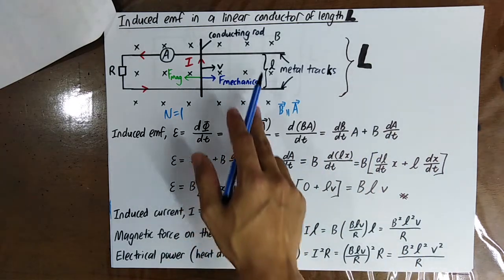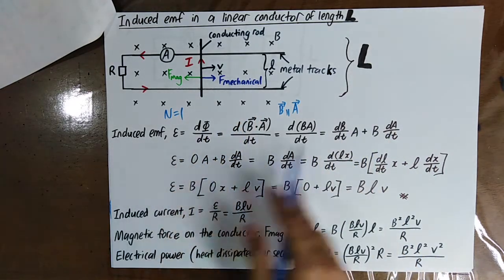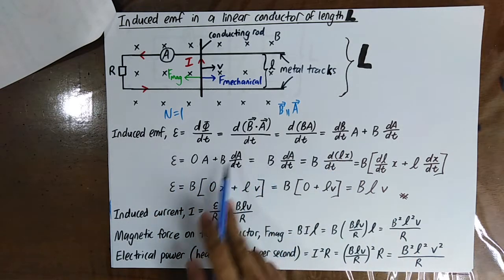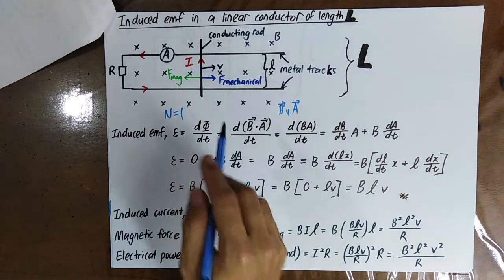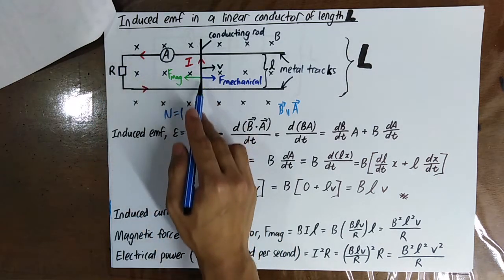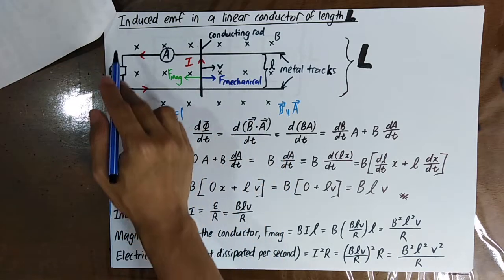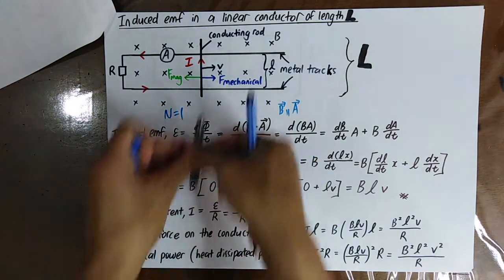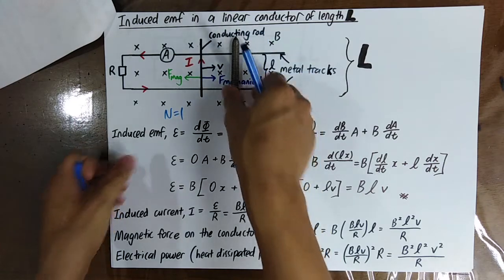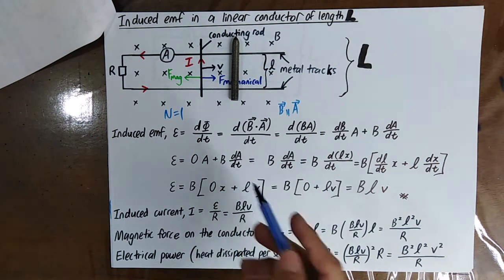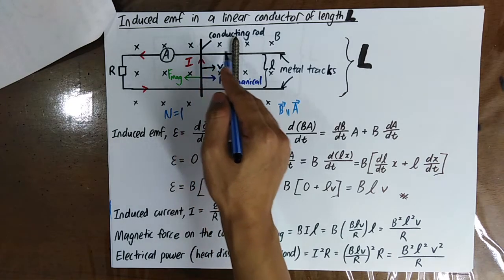You know that the magnetic flux density is a constant. So B is a constant, dB equals 0. And then what is dA? Just now I said that this is the original area and this is the final area. Let's say the conducting rod moves from here to here.